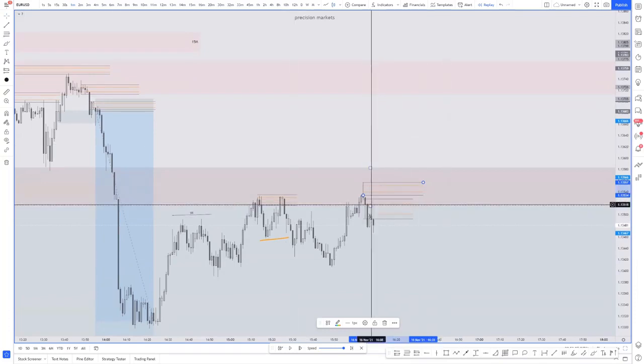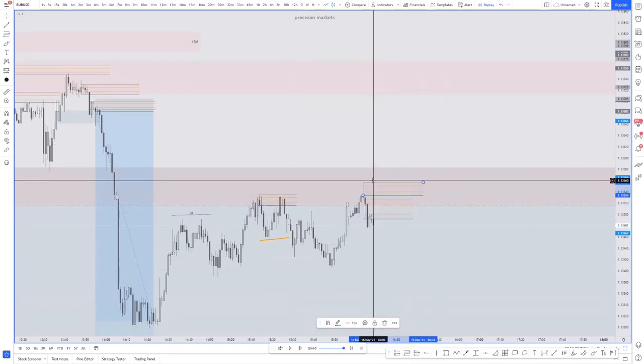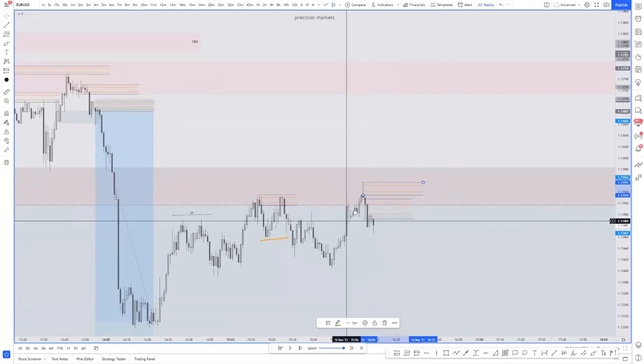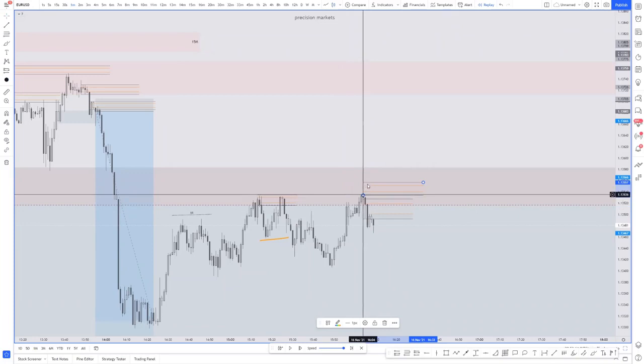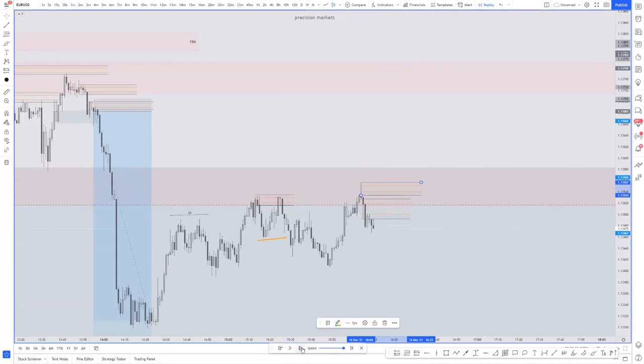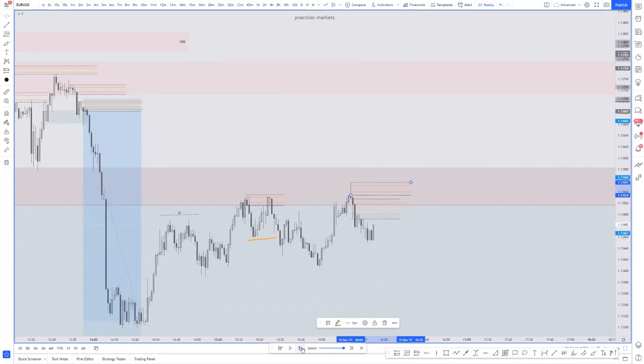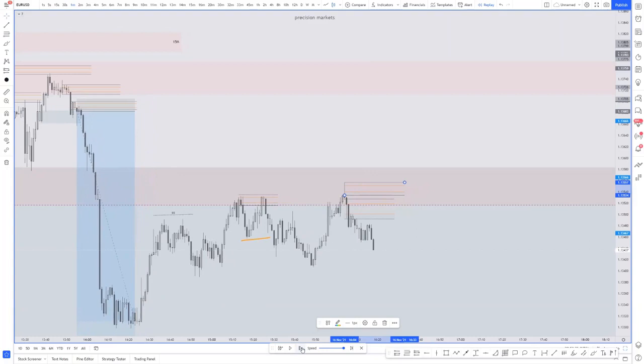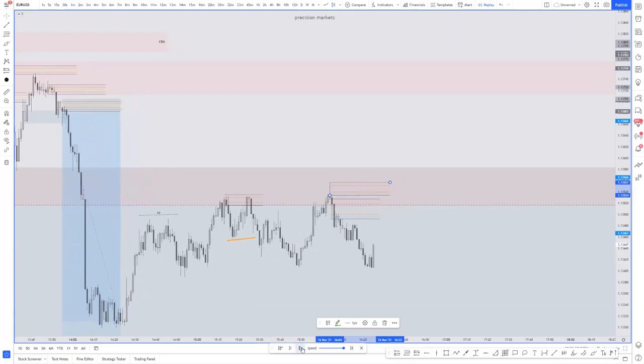If I did want to get in this, I would likely toss an order on both. If you investigated on the seconds, you would find exactly what caused this break, whether it's up here or in this wick. So this is one of those scenarios you would take a hit on one if it comes to the extreme. But without going down to the seconds, you wouldn't know where to enter that.